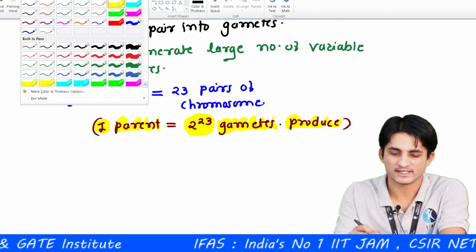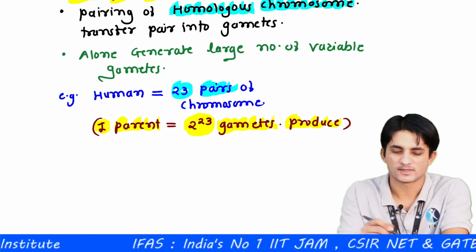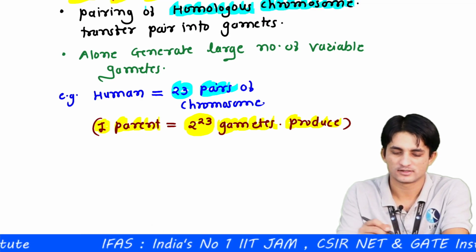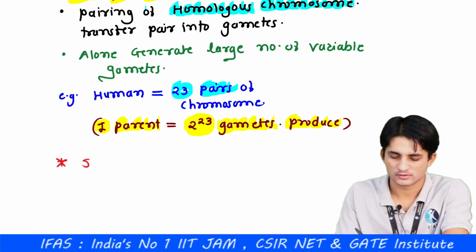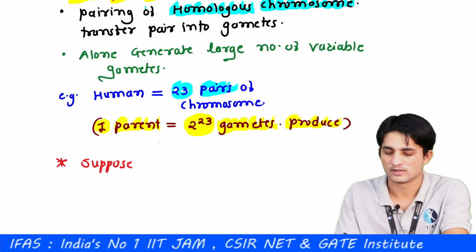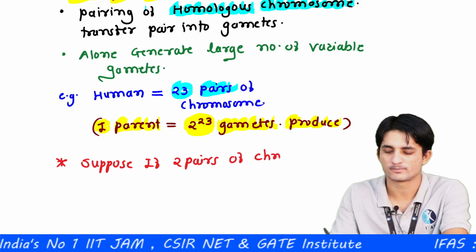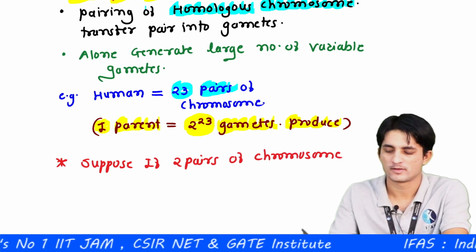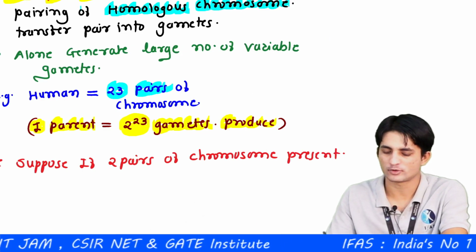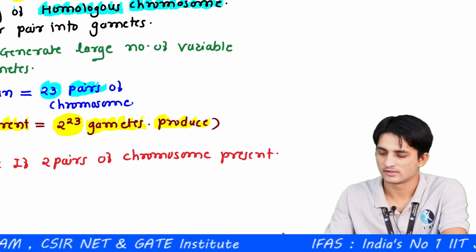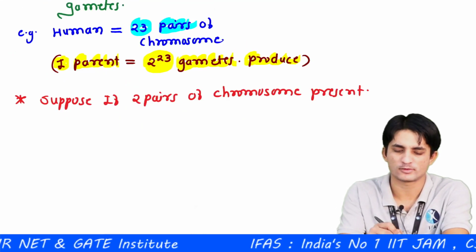It is because 23 pairs of chromosomes are present. Suppose we take one example: if two pairs of chromosomes are present in a human, then what happens?